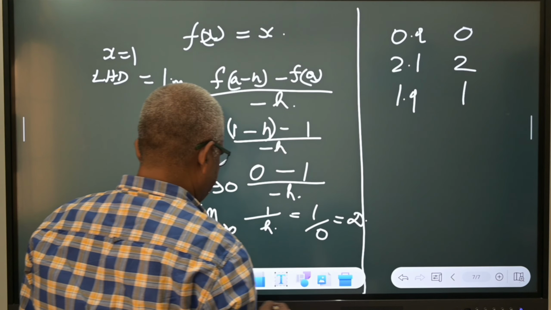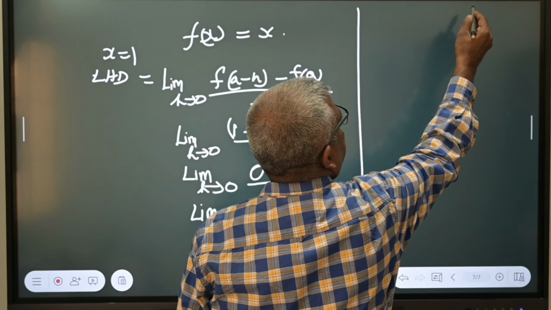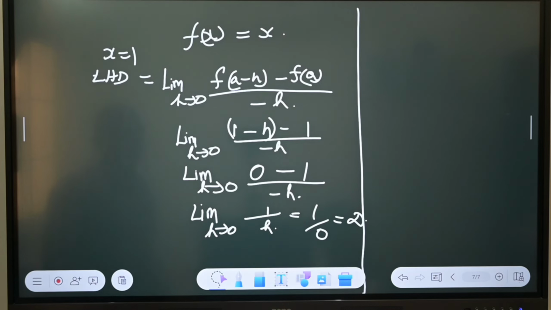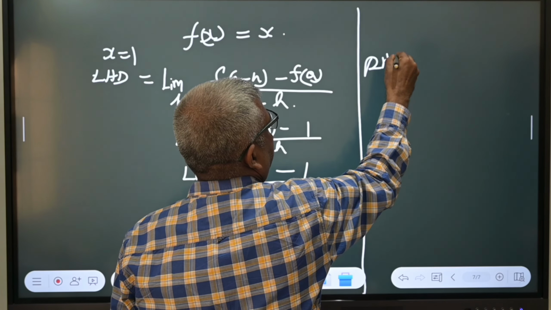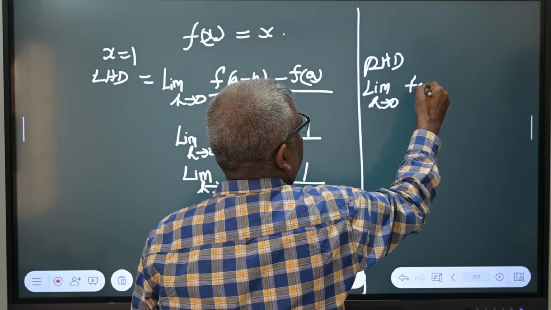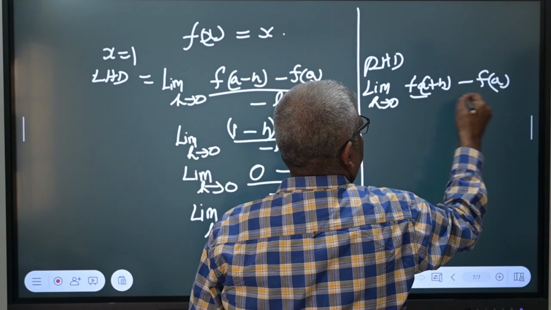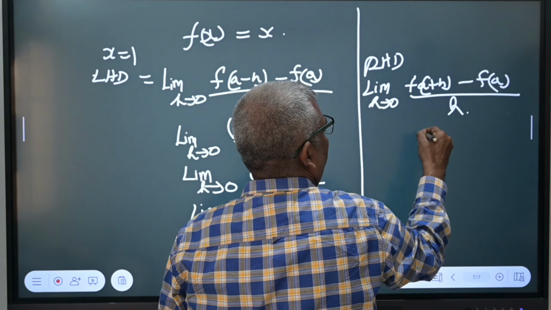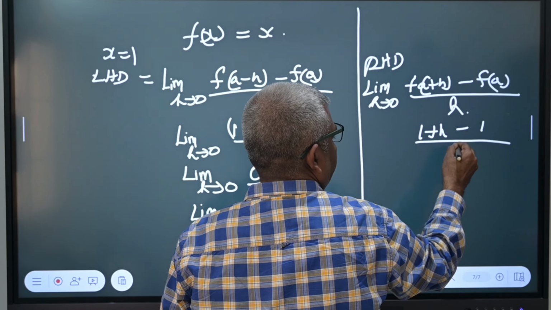Okay. For the right hand side derivative, copy down. Limit h to 0, f of a plus h minus f of a divided by h. 1 plus h minus 1 divided by h.